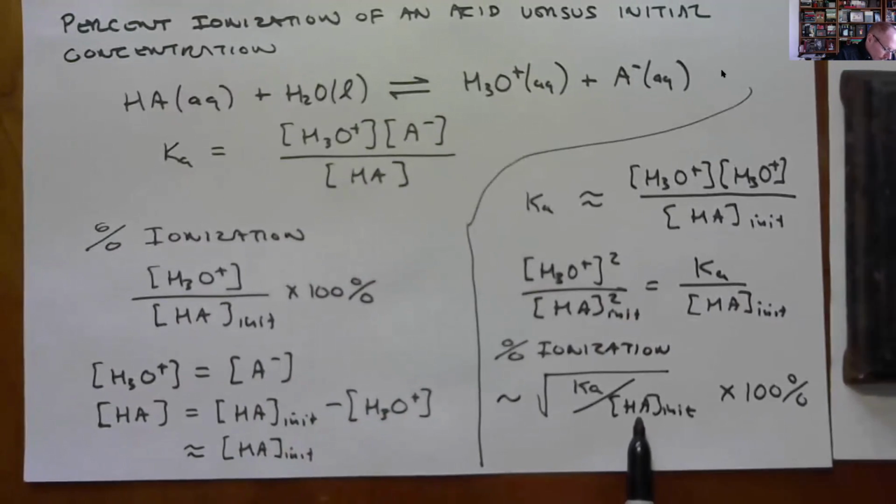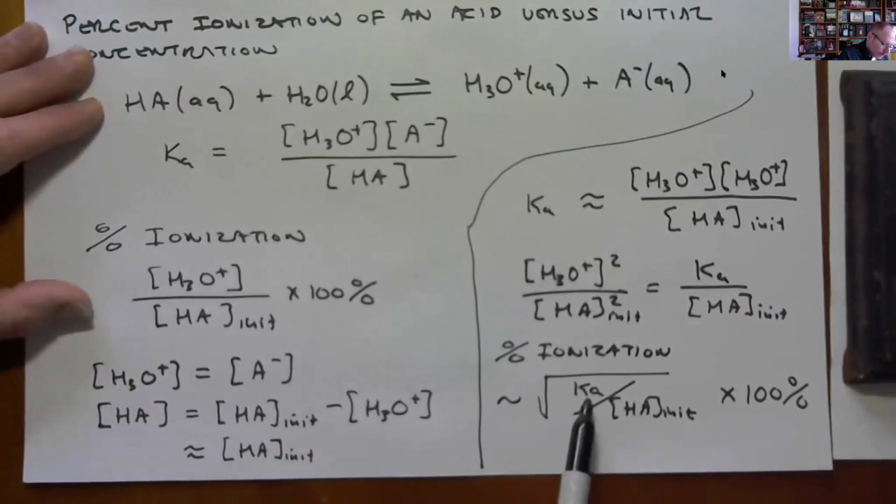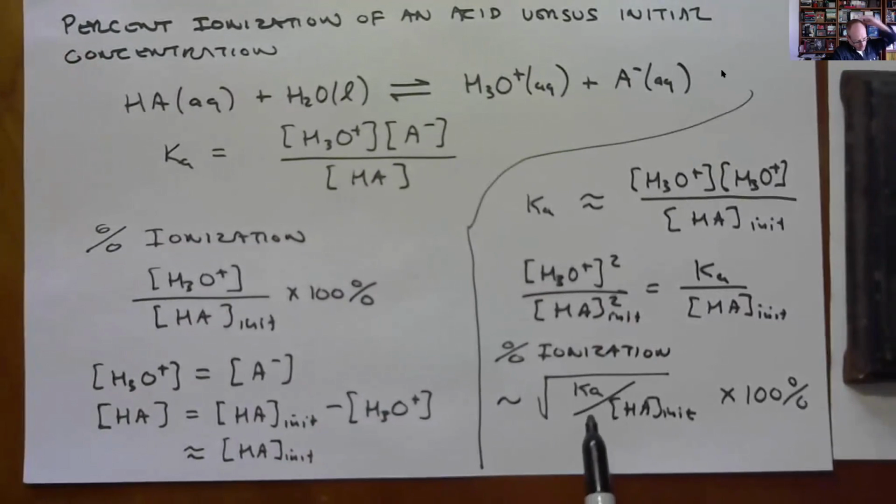So the more concentrated our acid formulation is, the smaller the percent ionization. And so the reason why the x is small approximation, we can get away with it, is that the ratio of the ionization constant and the initial weak acid concentration is significantly less than 1, such that this evaluates to less than 5%.